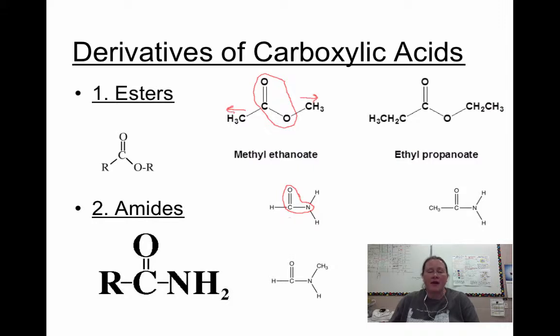However, amides can be found with only one carbon, or you can find this amide group attached to longer hydrocarbon chains. So there are several different variations depending on the type of amide it is. There will be a later separate video specifically on amides.